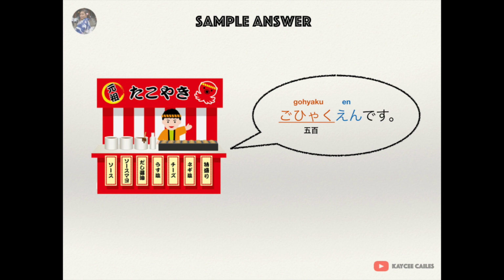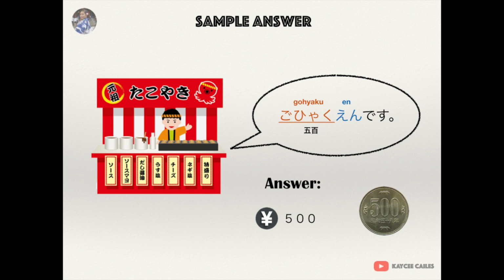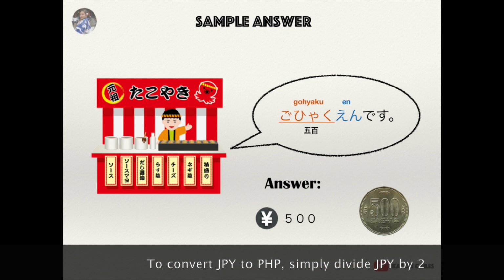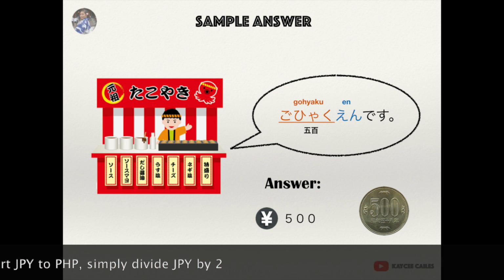Can you guess the answer? Correct. It is 500 yen. Go means 5 and again, hyaku means 100. By the way, this is what a 500 yen coin looks like. If you want to know the conversion rate to the Philippine peso, simply divide the currency by 2. So it's roughly around 250 pesos.